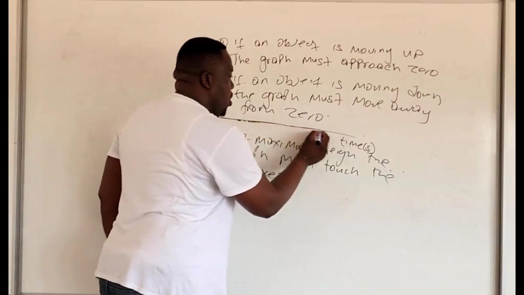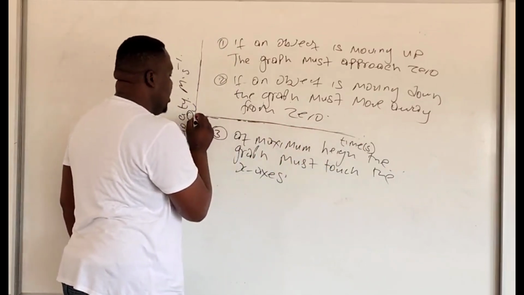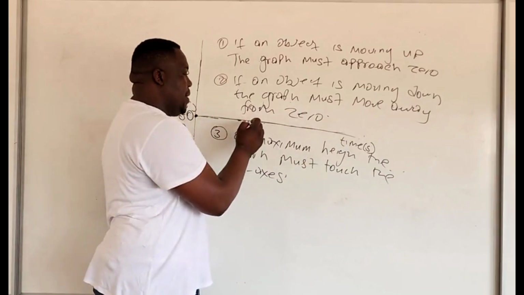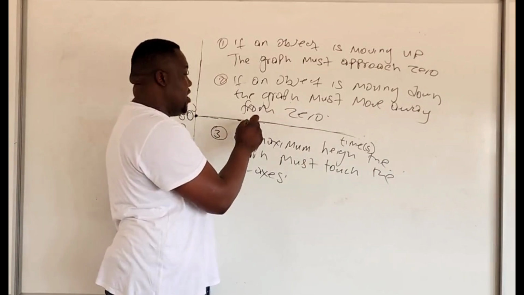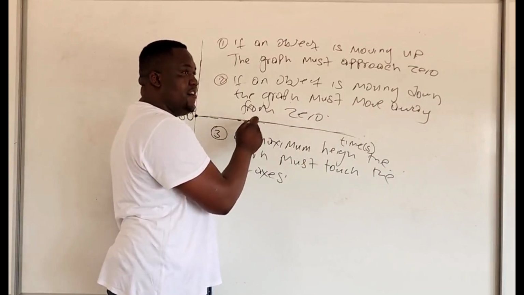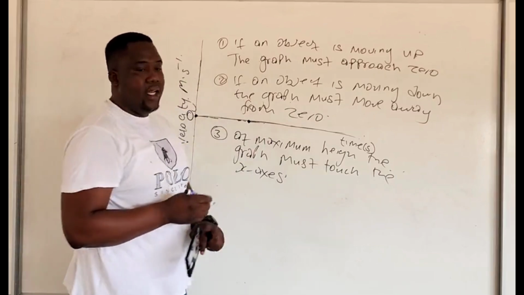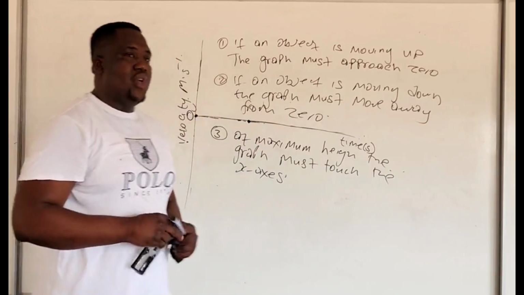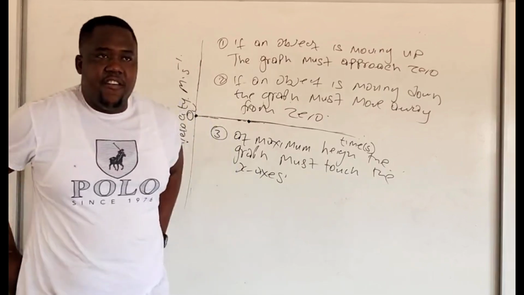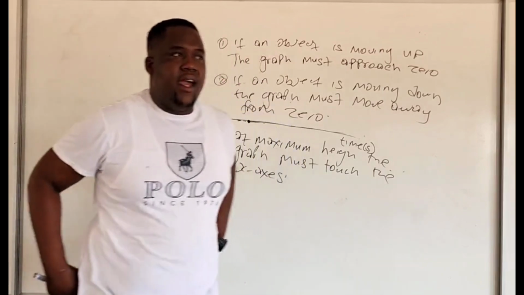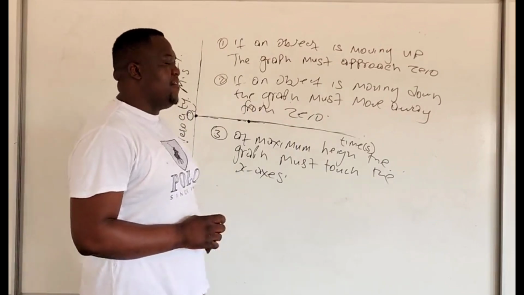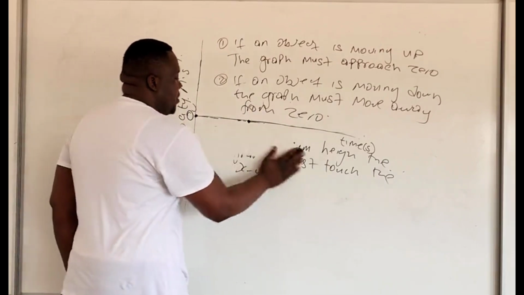You see? On this line, that's where everything is 0. Meaning that at maximum height, your graph must touch this line. Understand? So these are statements that I'm giving you. They are the foundation for you to understand the graphs, the vertical projectile velocity versus time graph.